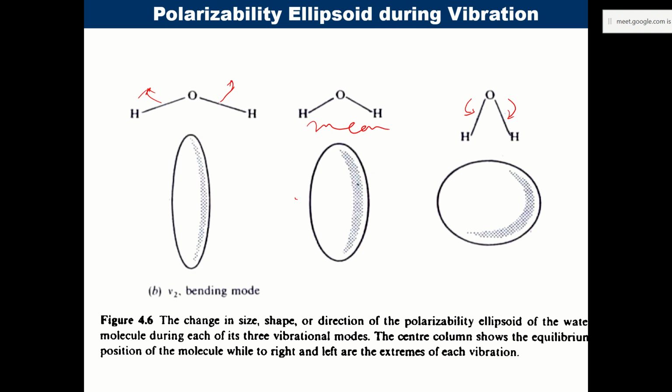So that kind of movement, if you see, changes the shape of the polarizability ellipsoid, and because of this it will be Raman active.